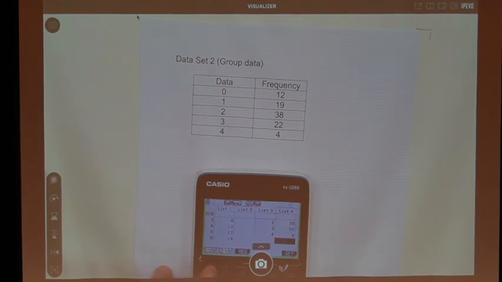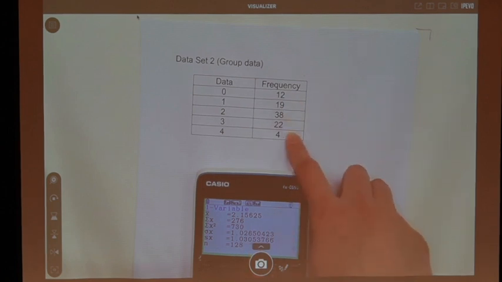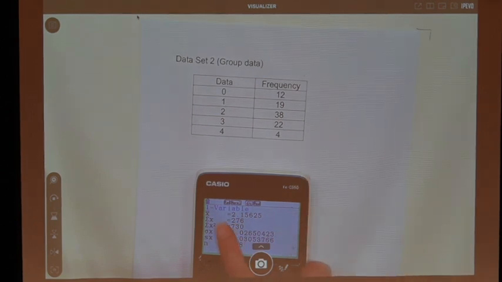And then same thing, after we check, we go to one variable. This time I have 228 data. If you want, add them up to check the number of data you get in. And then we can have the mean, median, Q1, quartile range, and so on.